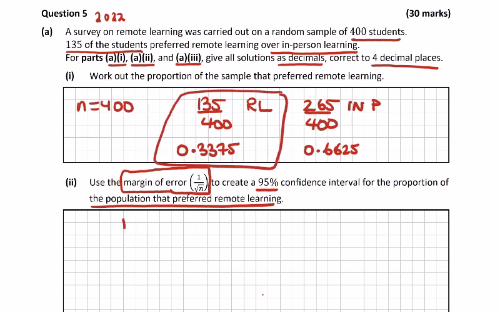So what can we say about margin of error? 1 over the square root of 400, is it? 400, just double check. That's 1 over 20, which is a nice 0.05. So from our sample, we had 0.3375.